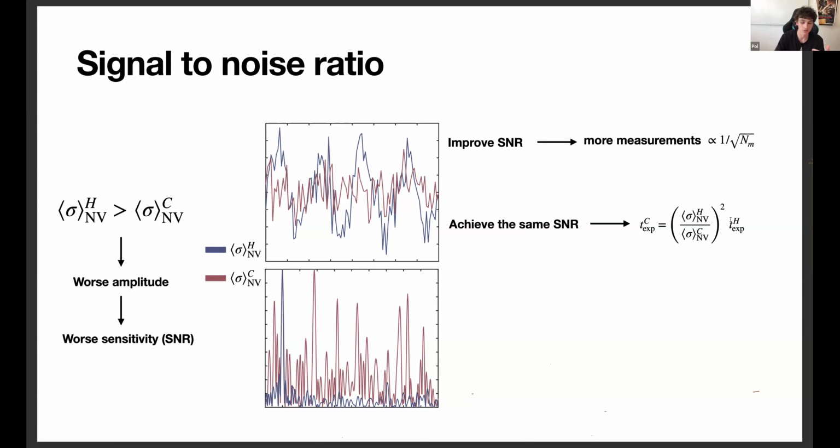So just for you to see some numbers, if a usual experiment with hydrogens takes 1 hour, and I assume that the ratio between amplitudes is 4, which is quite conservative, I mean, it's either 4 or more, the experimental time that I would need for achieving the same signal to noise ratio would be 16 hours. So it's 16 times longer.